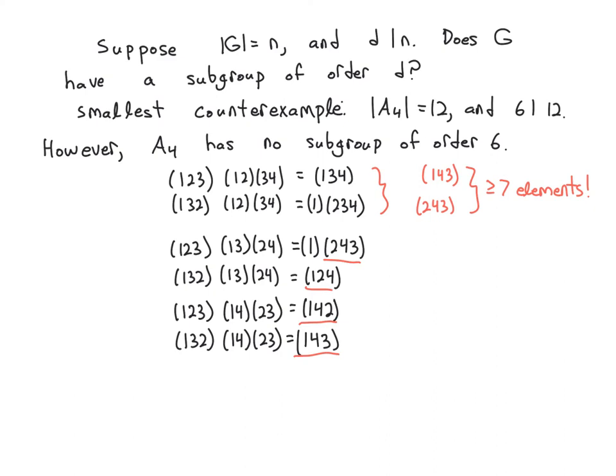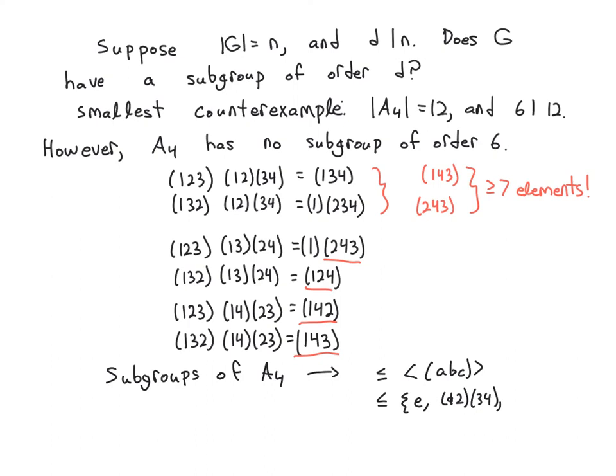So all the subgroups of A4 are either a subgroup of a 3-cycle or a subgroup of that group consisting of the elements of order 2. 1, 4, 2, 3.